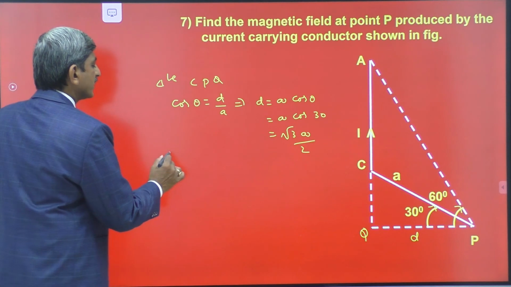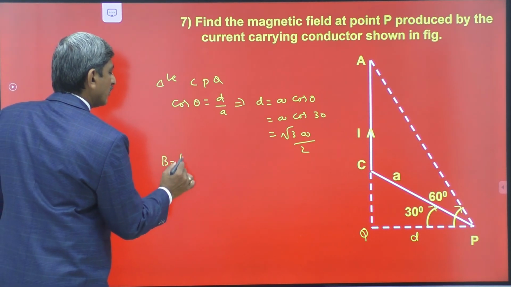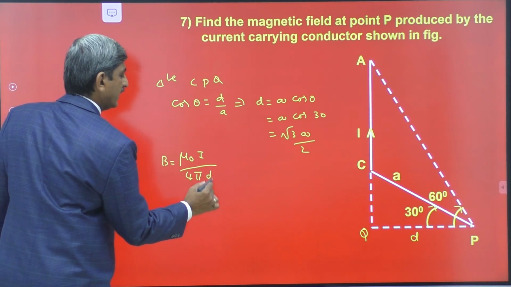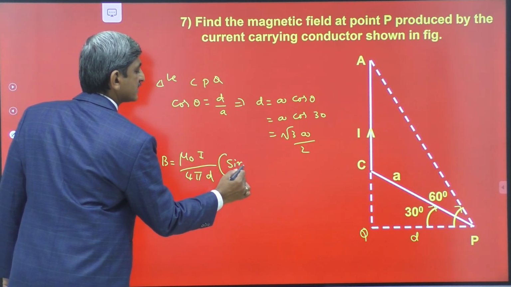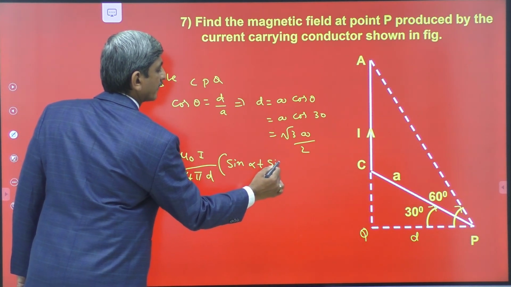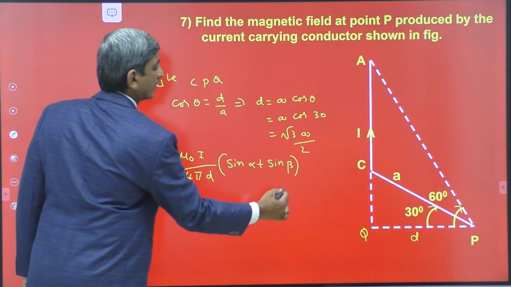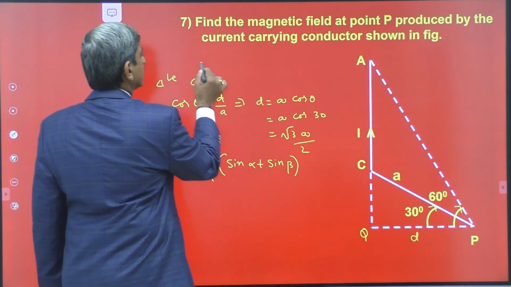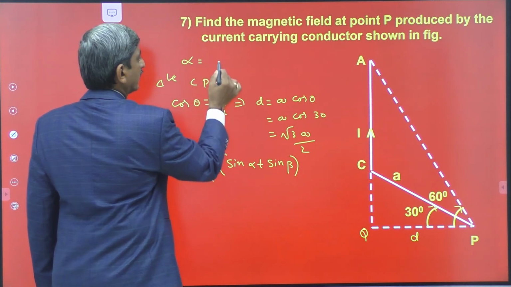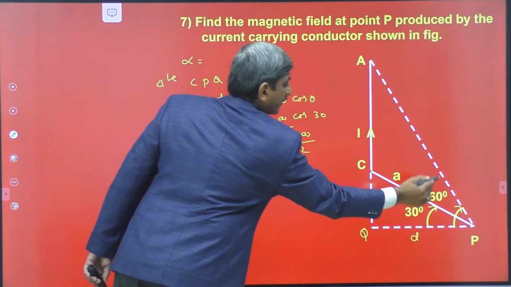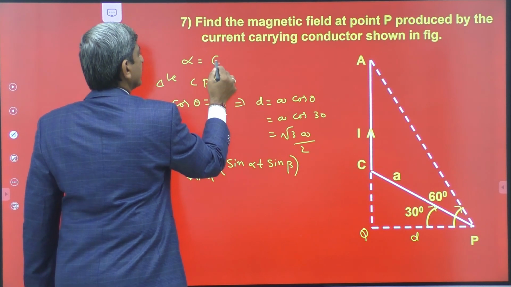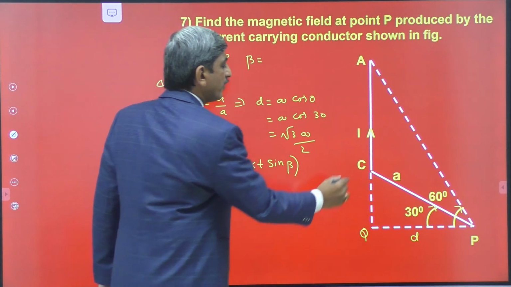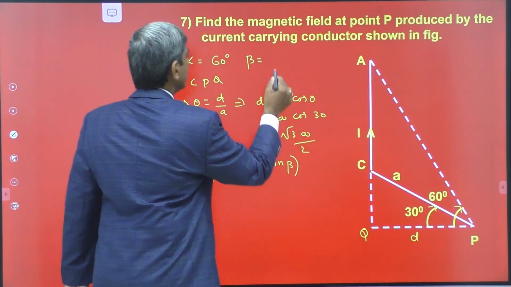Now, we know that the general formula is B is equal to mu naught I divided by 4 pi D into sin alpha plus sin beta. Here what is alpha and what is beta? By seeing this diagram we can say that alpha is equal to the elevated angle of the top end at point P, that is equal to 60 degrees, and beta is equal to the elevated angle of the bottom end at point P, that is equal to 30 degrees.